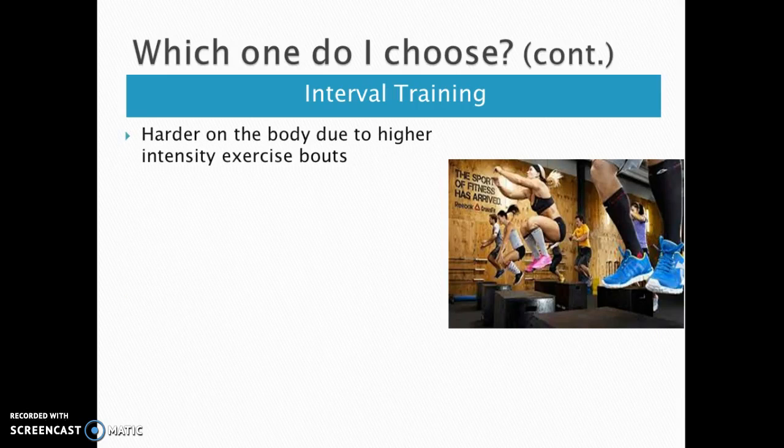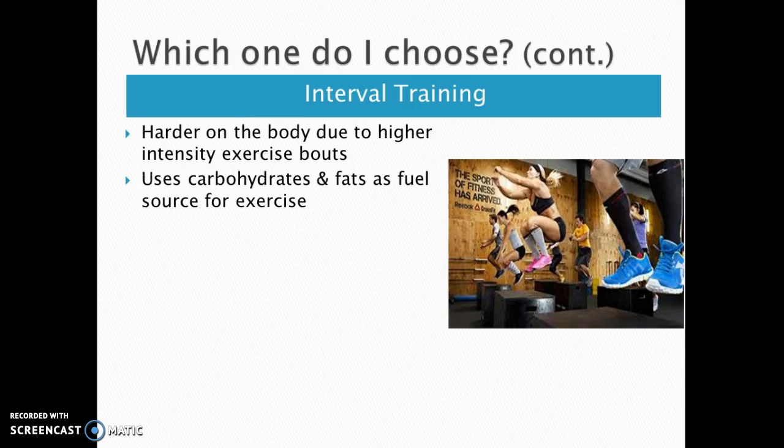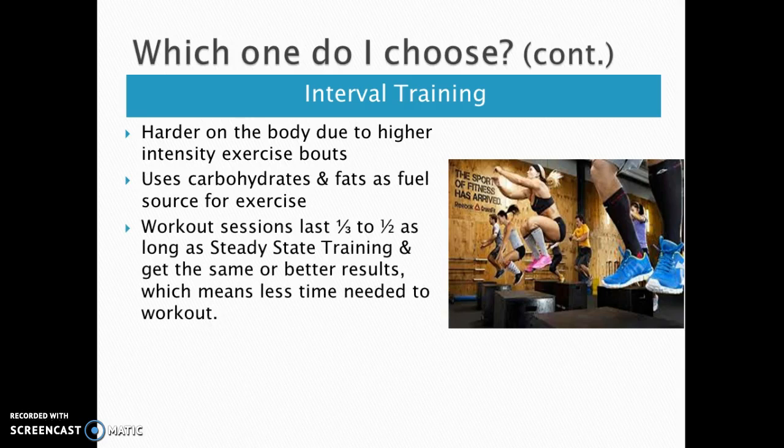So, on the other hand, the interval training is harder on the body due to the higher intensity exercise bouts. It uses carbohydrates and fats as its primary fuel source. However, there are a lot of studies that prove that there are as good or greater results using the high-intensity interval training compared to steady state.